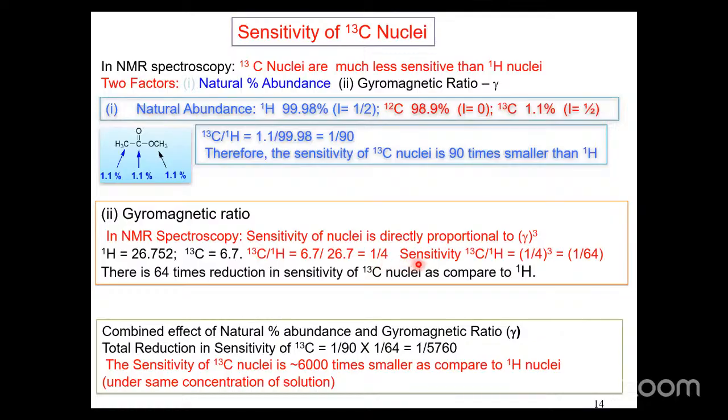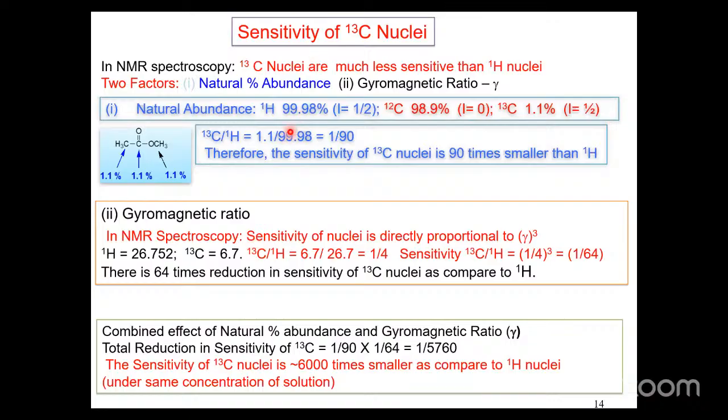The sensitivity we can calculate by taking the cube of this ratio, which gives 1 by 64. So there is a 64 times reduction in sensitivity of C13 nuclei as compared to H1. This is only due to the gyromagnetic ratio.